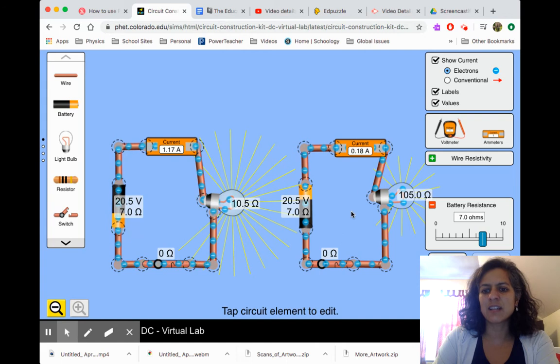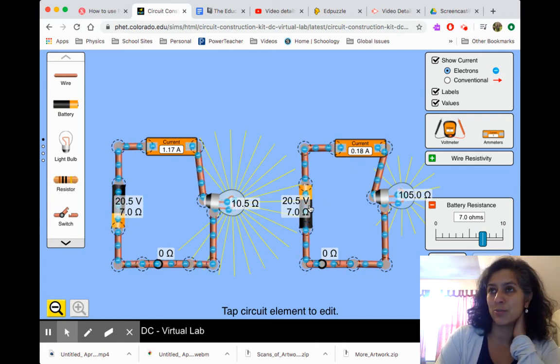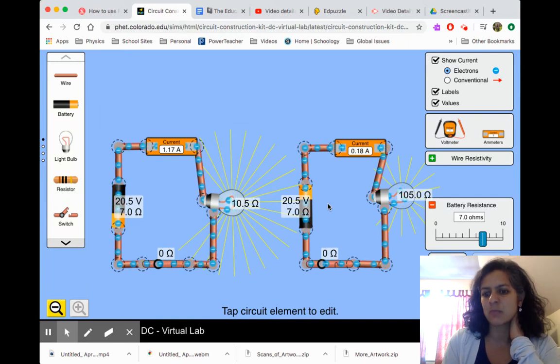And because it has less current, and power is proportional to current times voltage, the one on the right has less power than the one on the left. So that means the battery is providing less power and the bulb is using less power. Therefore, the bulb is not as bright.